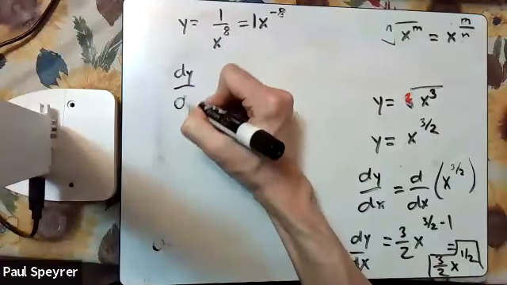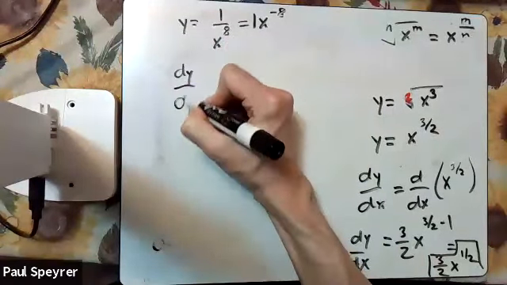It's just that you're going to multiply whatever is in front times that n that you drop down. So when you take this derivative, we're going to have 5 times 3 times x to the 3 minus 1 power. So we're just multiplying, okay? So then you wind up with 15x squared, and that's all there is to it.